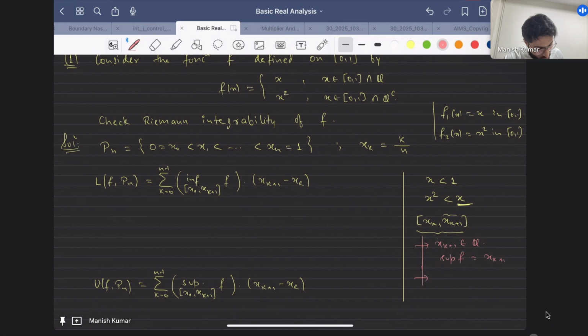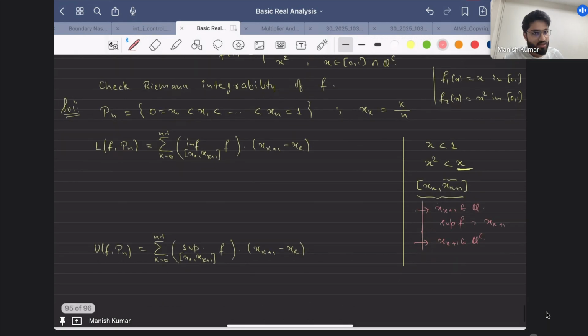In the case when x_{k+1} is irrational, there exists a sequence in that subinterval which converges to x_{k+1}.